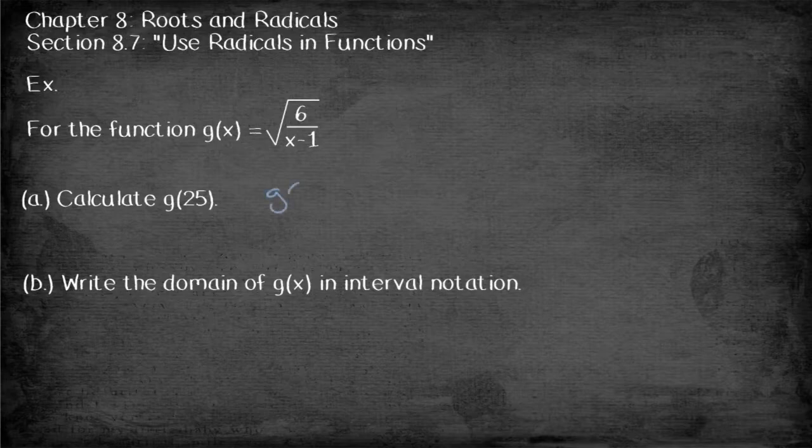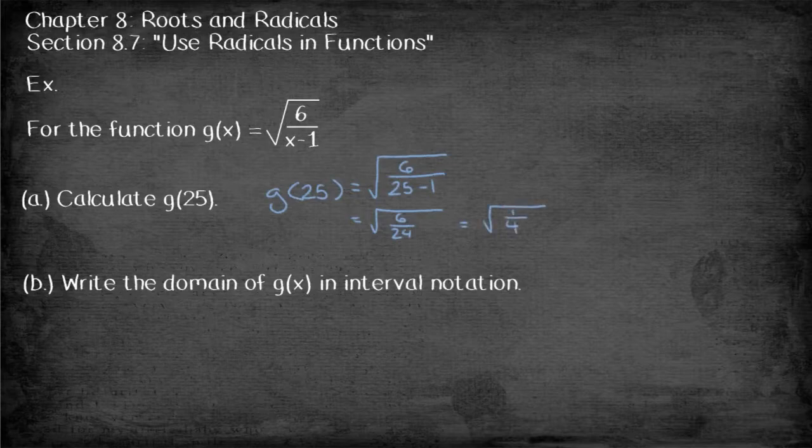So g of 25 is going to be equal to the square root of 6 over 25 minus 1, which is equal to the square root of 6 over 24. That is equal to the square root of 1 over 4, because 6 over 24 reduces, and hey, 4 is a perfect square. So I get 1/2.